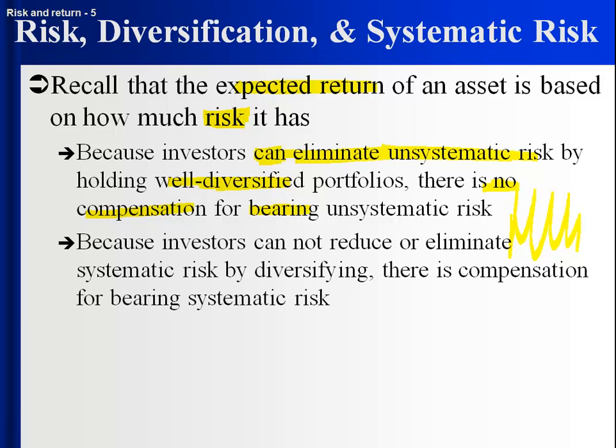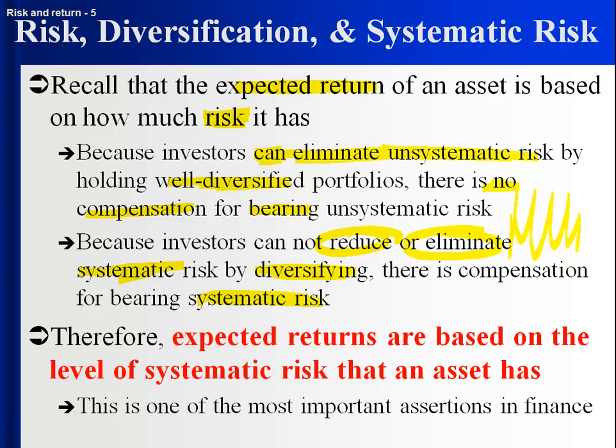However, through diversification, you can't reduce or eliminate systematic risk. It's just the average response to the way we've modeled it, the particular macroeconomic news. Therefore, you are compensated for taking on systematic risk. And this leads us to one of the most important assertions in modern finance.